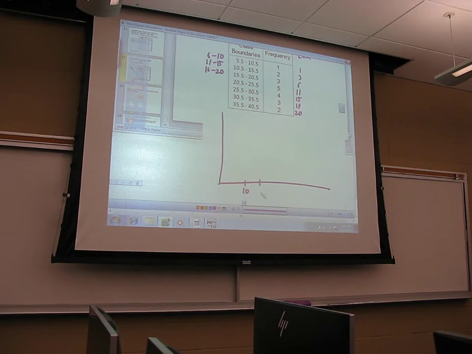10, 15, 20, 25, 30, 35, 40. And then here we start at 0, 5, 10, 20. You don't have to label each one, that's okay. So here I'm going to have 1, 3, 6. Oh, whoops, I missed one.